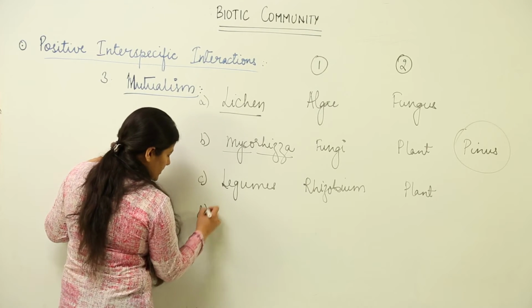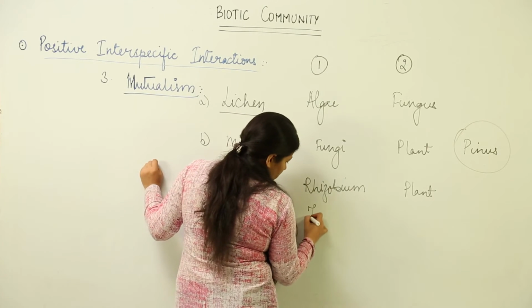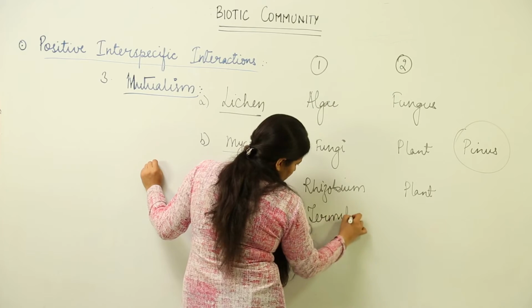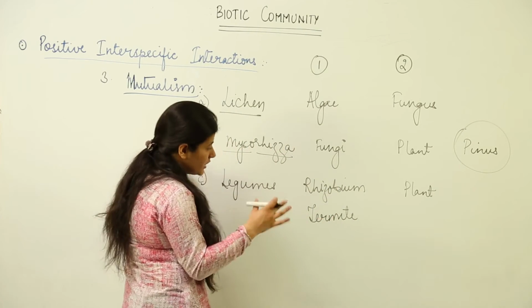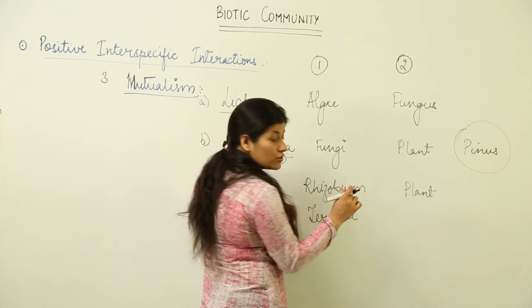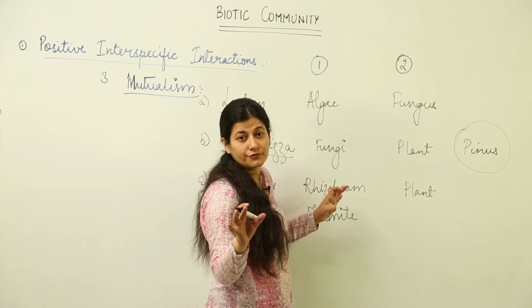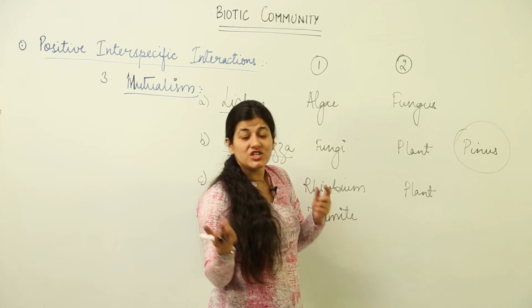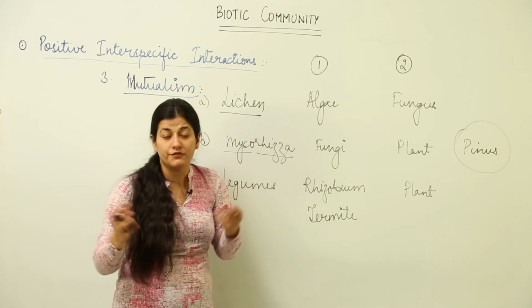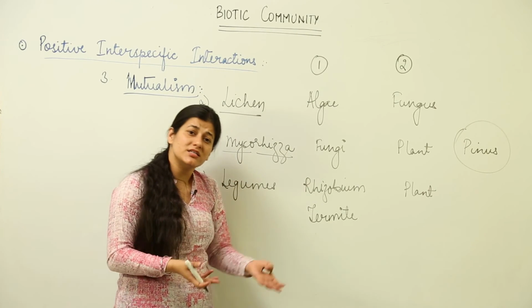The third one is of termites. Now, what does a termite do? It feeds on wood. But interestingly, this termite does not have enzymes for digestion of wood. So, how is it going to digest the very food it survives on? If it is not able to digest it, why does it eat it?